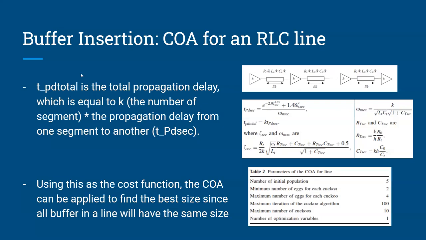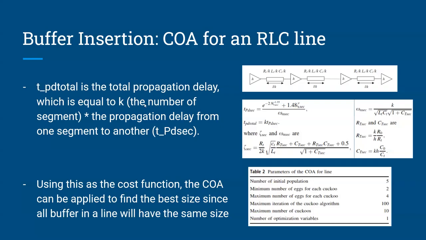And you can see here TPD total is the total propagation delay, which equals K, the number of segments, or basically the number of buffers, times the propagation delay from one segment to another. And then we use that as the cost function.